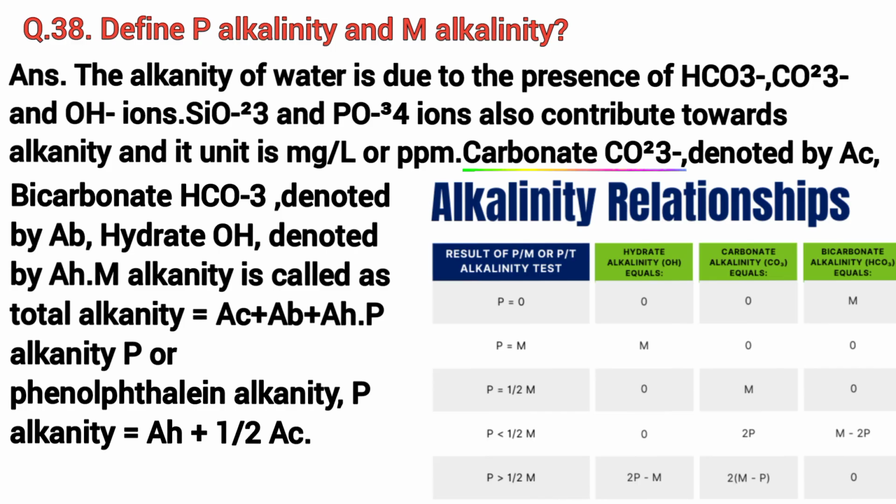Carbonate is denoted by AC, bicarbonate by AB, hydroxide (OH) by AH. M alkalinity, called total alkalinity, is equal to AC plus AB plus AH. P alkalinity, or phenolphthalein alkalinity, is equal to AH plus 1/2 AC.